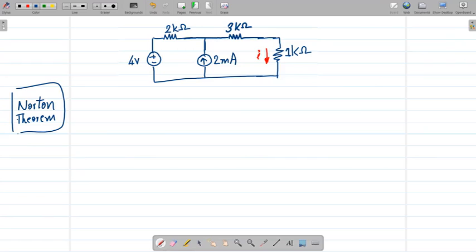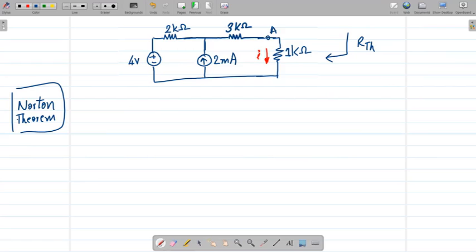Here, what we need to do is find the current source with a resistance in parallel to it. So following the same procedure for finding the Thevenin resistance, RTH, even for the Norton circuit we call it the Thevenin resistance. It can be the Norton resistance. They are the same thing. So the procedure for RTH is still the same.